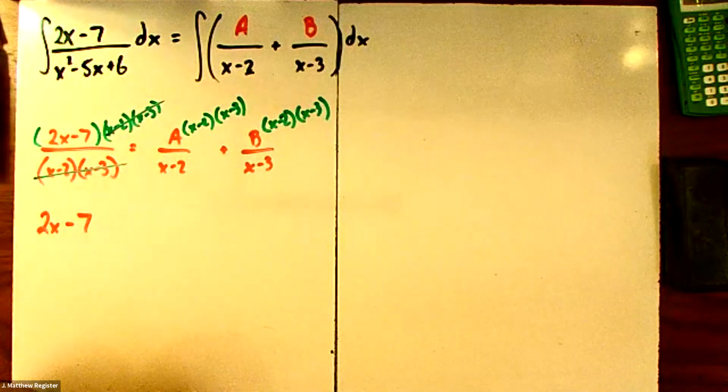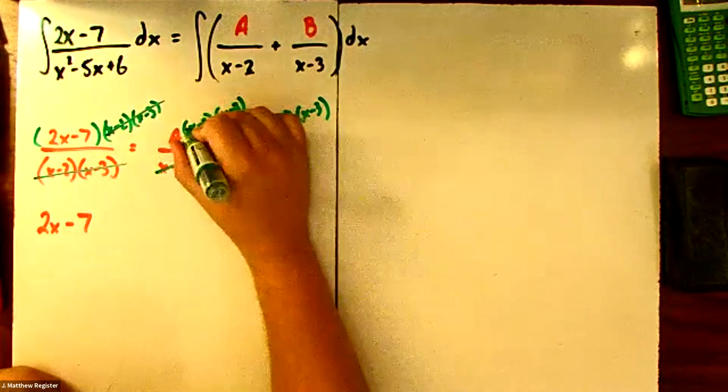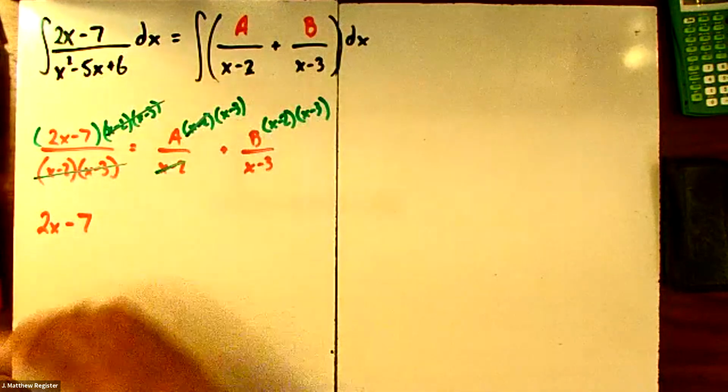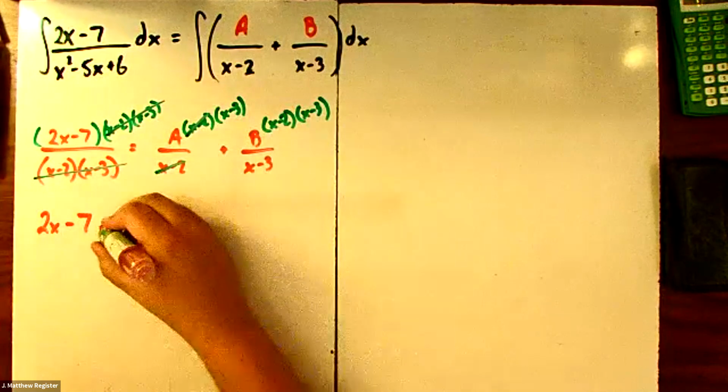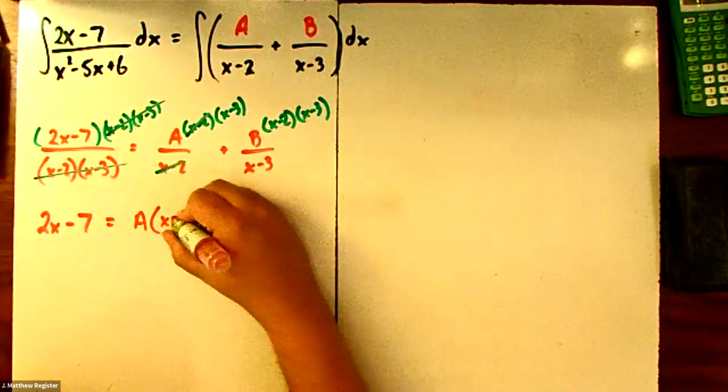On the right side, for this first term, our x minus 2 cancels, and that would leave us with a times x minus 3.